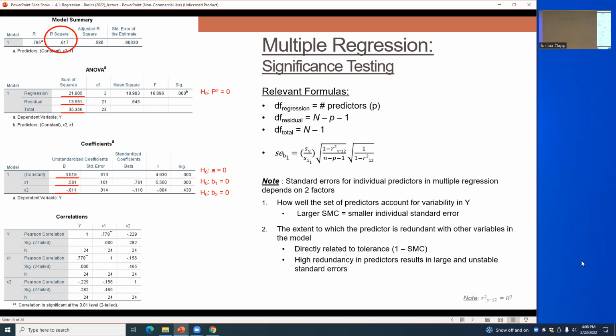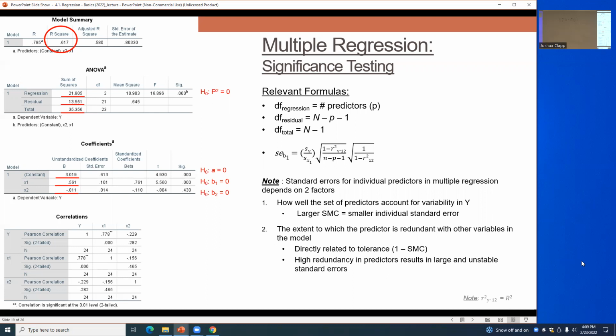Now, this holds for the 2 variable case, but my standard error for my unstandardized coefficient for x1 is going to be the standard deviation of y over the standard deviation of x1, times the square root of 1 minus the squared multiple correlation of y given x1 and x2, over sample size minus p minus 1, times the square root of 1 over 1 minus the squared correlation of x1 and x2. Okay, r squared y given x1 and x2, that's just my r squared.